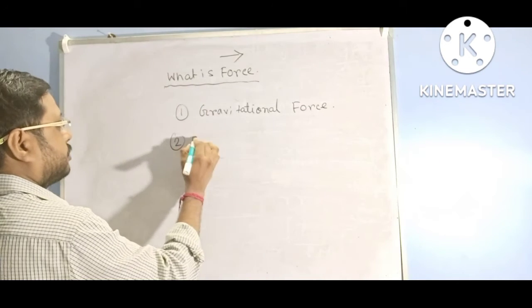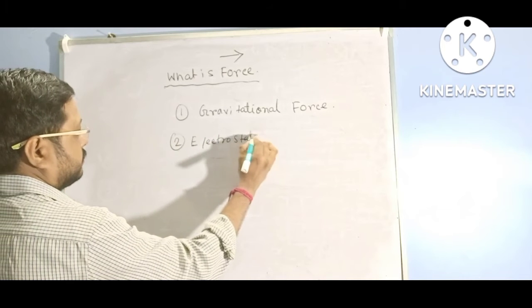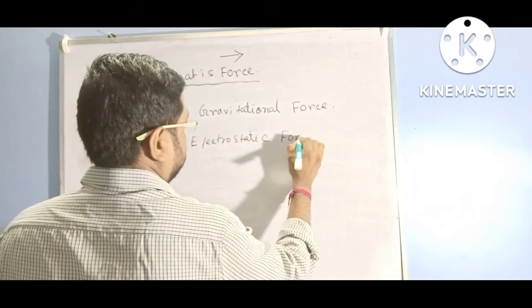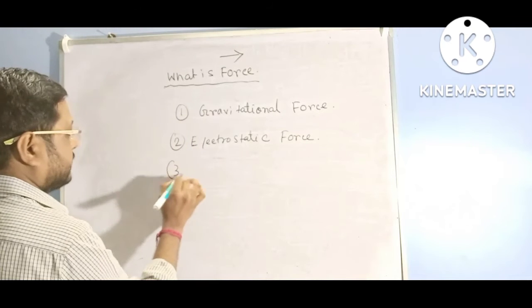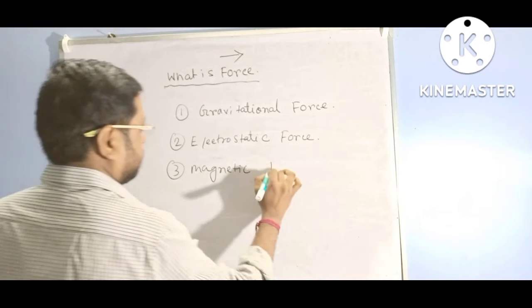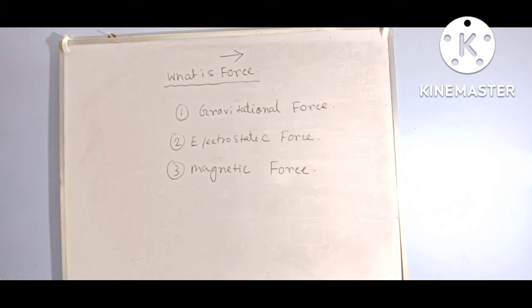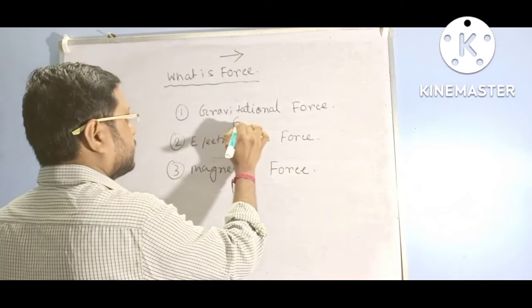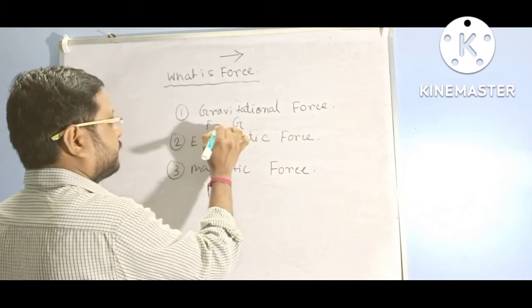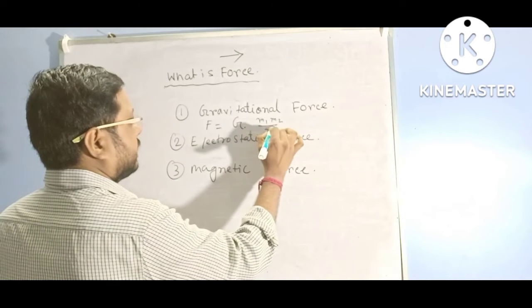Number two is electrostatic force. Number three is magnetic force, and so on. Gravitational force is F equal to G m1 m2 divided by r square.